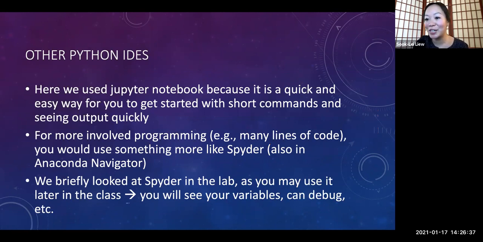All right, so we're coming to the end of the lecture portion, but basically, in this case, we use Jupyter Notebook because it's quick and easy for you to get started with short commands and seeing output quickly. If you decide to get more involved with programming where you have many lines of code, Jupyter Notebook is not your best option, and you would use something more like Spyder, which we had talked about, and which is also in Anaconda Navigator, because it will let you type multiple lines of code all together.